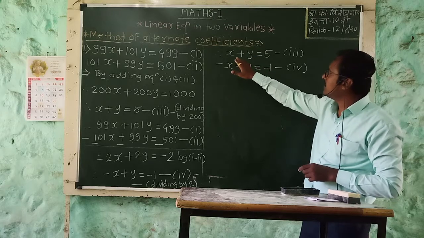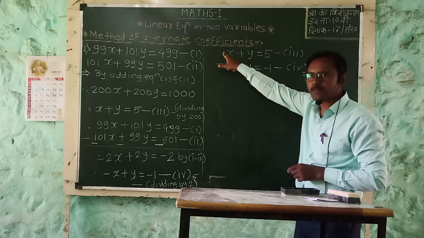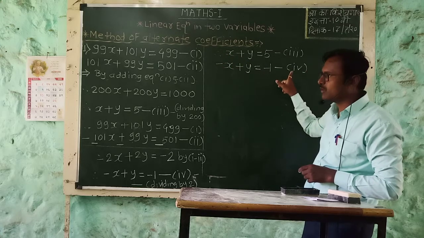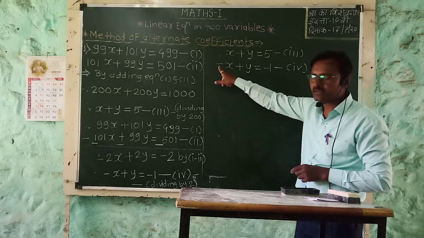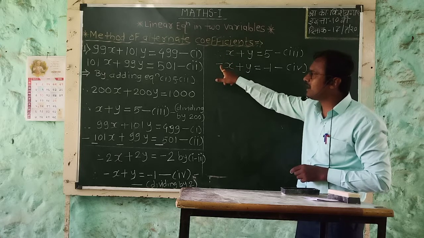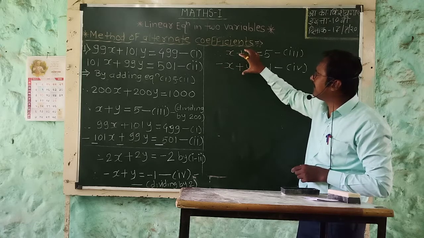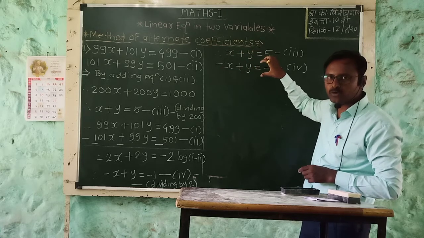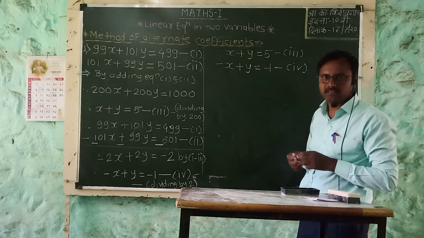In equation 3, x is positive. In equation 4, x is negative. Here is plus, here is minus. So when I add equations 3 and 4, the opposite terms will get cancelled.